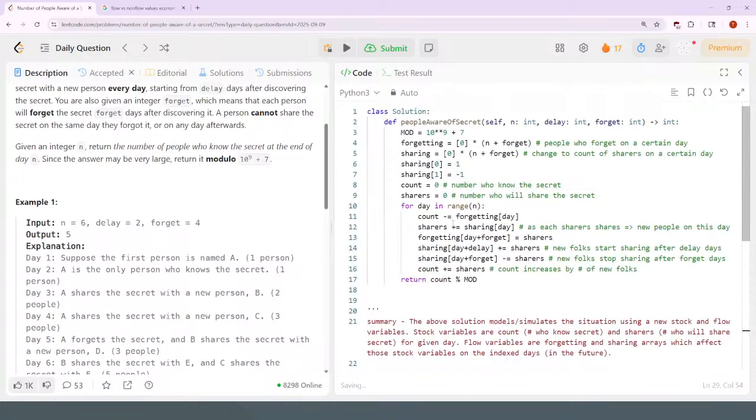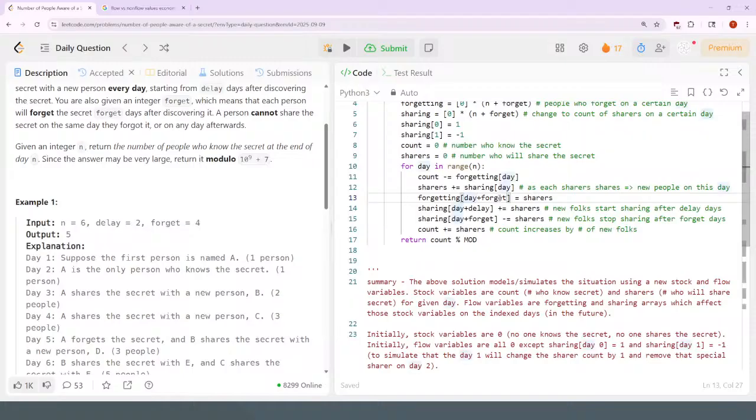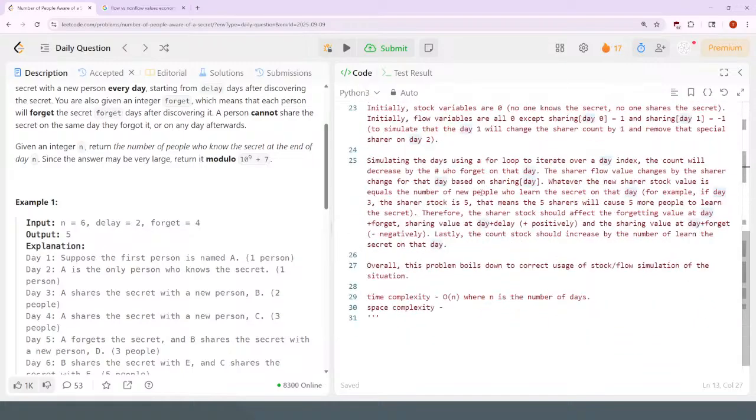Also note that just to avoid a bunch of checks for out of bounds, you can create a slightly longer array to have dummy values later on, so that you don't have to check if day plus forget is less than or equal to n, since each day is iterated through in the for loop to simulate what occurs to the counts on those days.